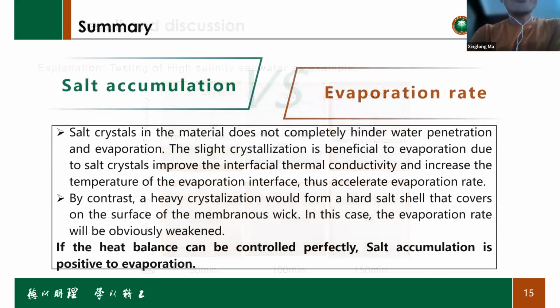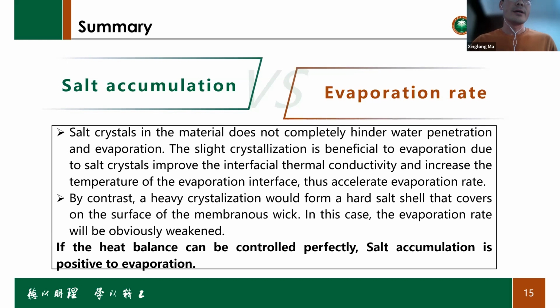So we can make a summary as follows. How to balance the salt accumulation and evaporation rate? It can be said that salt crystals in the materials do not completely hinder water penetration and evaporation. Actually, slight crystallization is beneficial for evaporation, because salt crystals improve the interfacial thermal conductivity and increase the temperature of the evaporation interface, thus accelerating the evaporation rate.